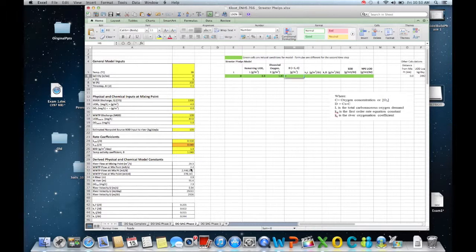Our D is going to be equal to our saturated DO. So we go down to this cell over here, we pick that up as equal to that minus our dissolved oxygen. Okay, and return. Yeah, there we go. And so that's 2. So we're in good shape.